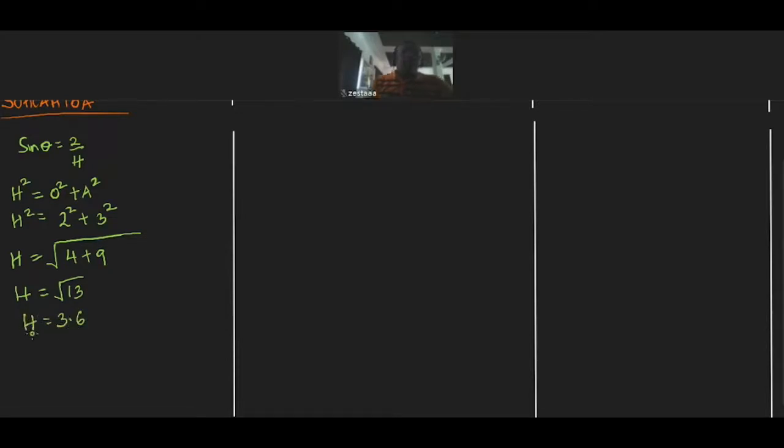That will be your hypotenuse. So we go back and do a substitution: we have sine theta equal to 2 out of 3.6, so this will be 2 divided by 3.6.